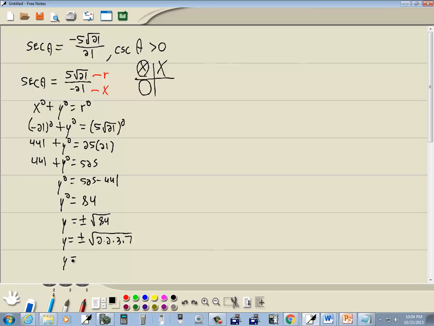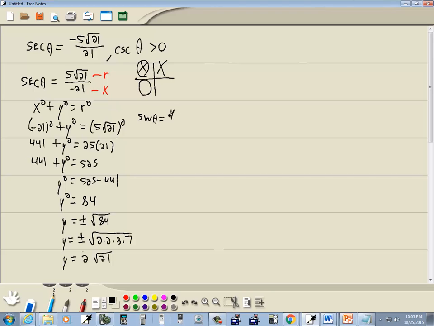Okay, so we got a pair of 2s, so they're going to come out in front. Now our y. We're in quadrant 2, and y is positive there, so we're going to drop the negative and keep the positive. And bring a pair of 2's out, so we got 2 square root of 21.